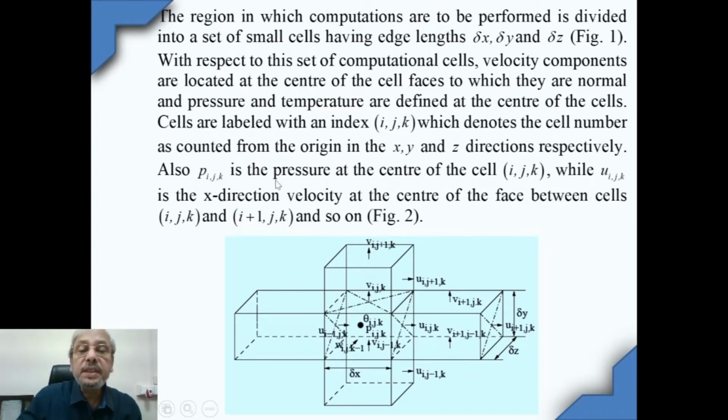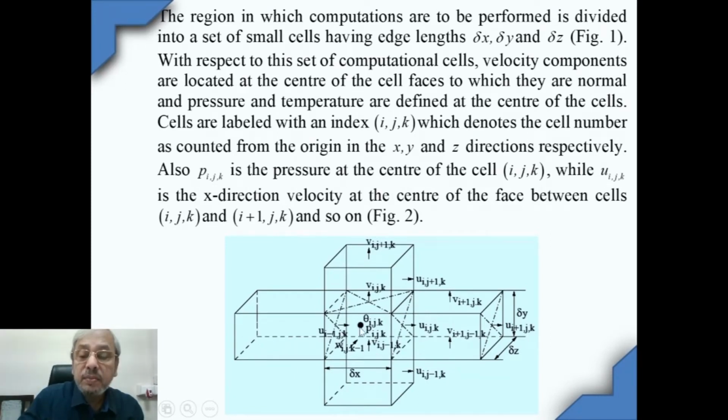Also, Pijk is the pressure at the center of the cell IJK, while Uijk is the X direction velocity at the center of the cell face between the cells IJK and I plus 1 JK, which is explained in this figure. See, this is the central cell. We can call this the IJK cell.